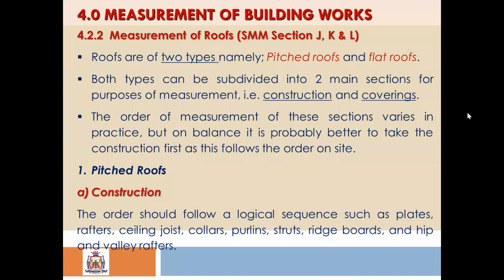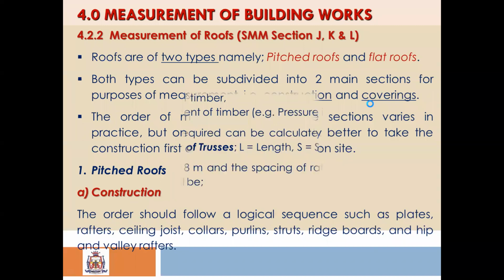But before the purlins, of course, the struts will come in, the ties will come in, the ridge boards will come in. Then you put the purlin, the hips and valley rafters. So after you've done all this, that is when you can go ahead.